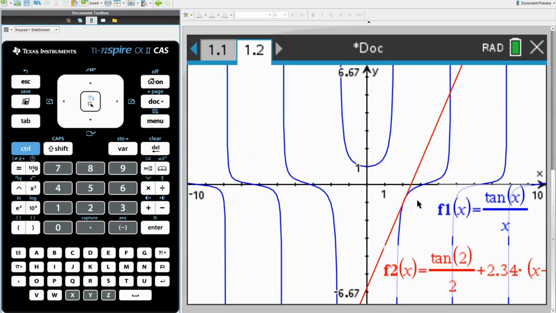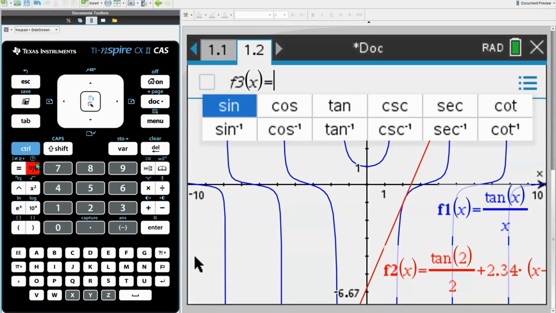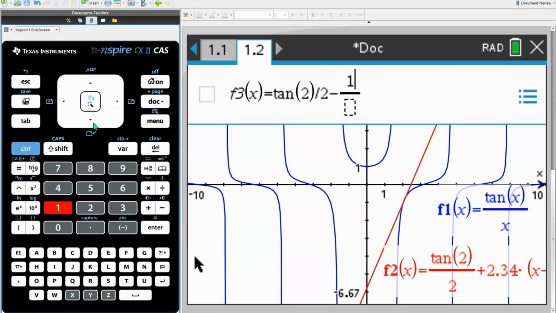Let's give that a try. So I'm going to hit tab. And again, it was tan of 2, close parenthesis, divided by 2. And now, instead of plus, it's now minus. And I'm going to put the 1 over 2.34094.